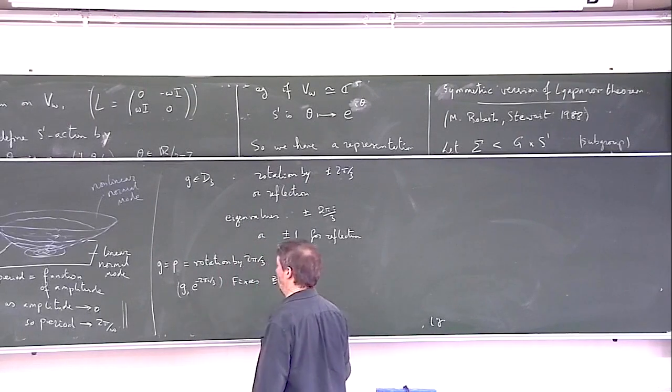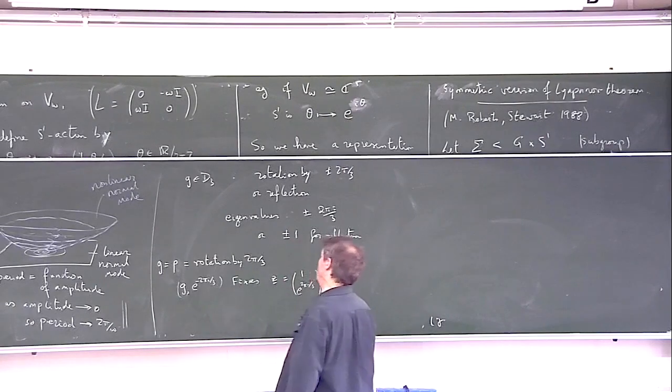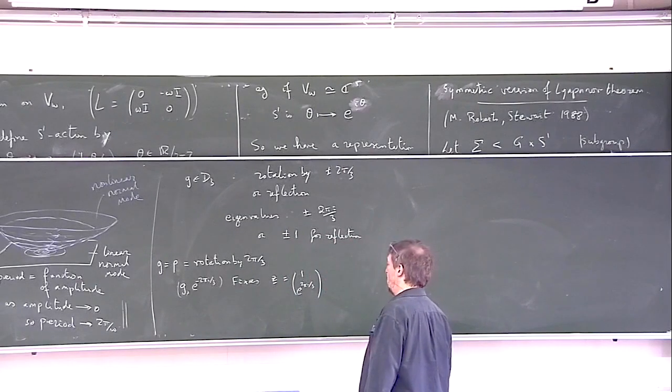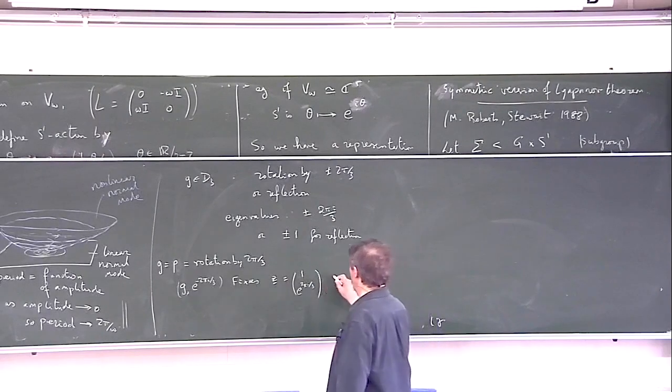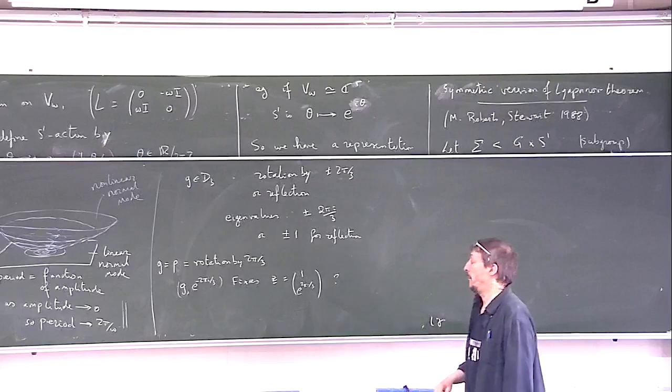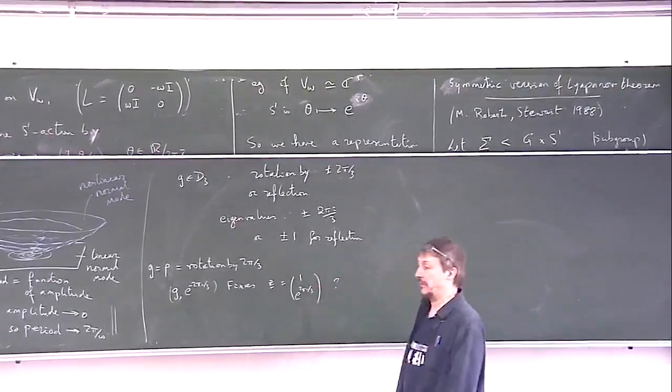It's something like 1 e to the 2 pi i over 3. Something like that. I can't do the calculation in my head. But anyway, there's a vector that it fixes, that's the eigenvector.